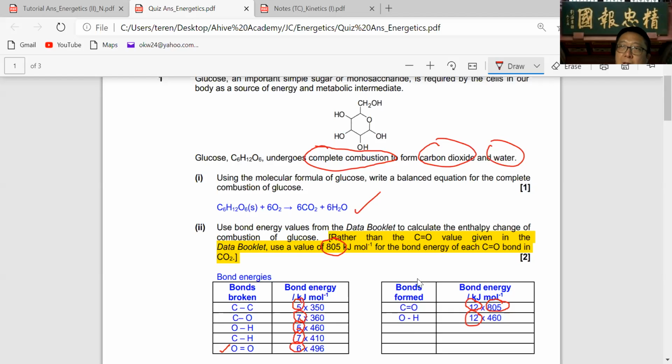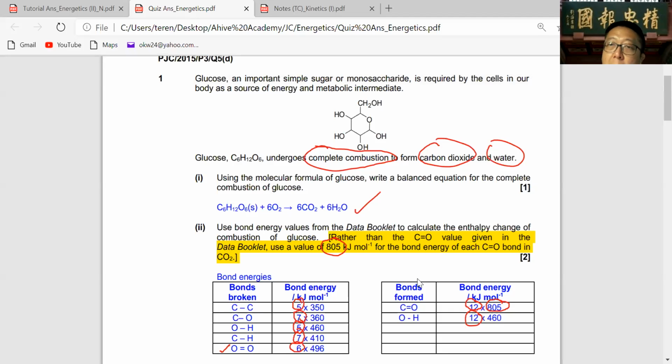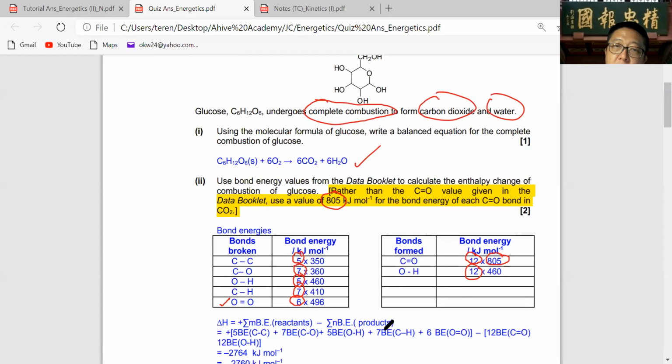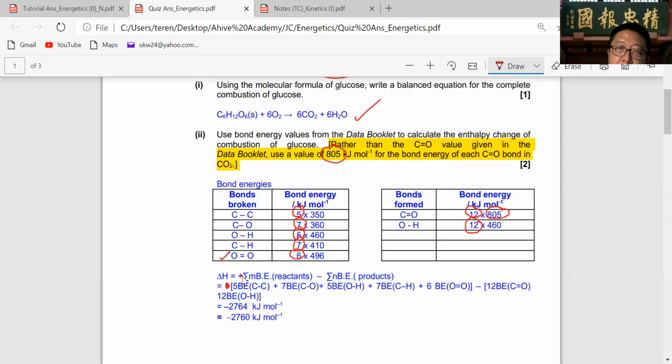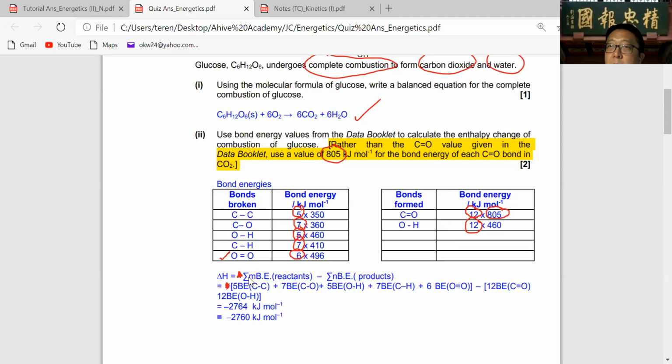Okay, so once you have all the bond energy down, then I use the formula, join them together: bond energy of your reactant minus the bond energy for your product. The first part here, minus the rest behind. I think you can leave out this positive sign, we don't need it.